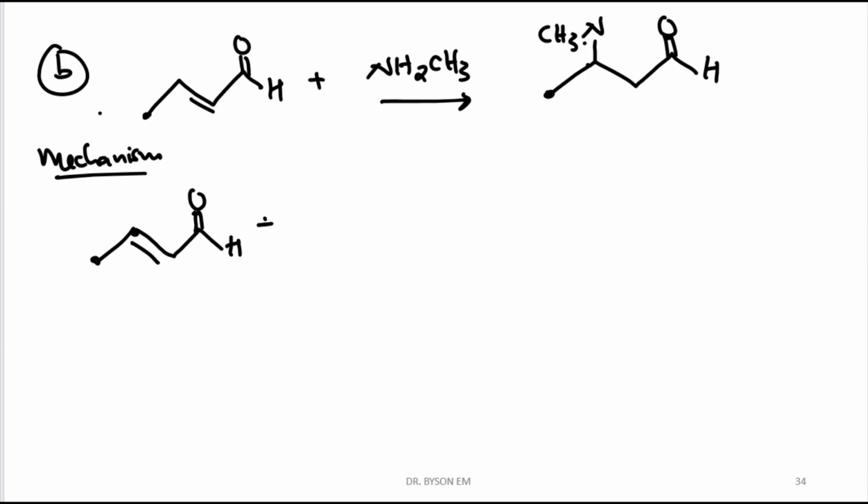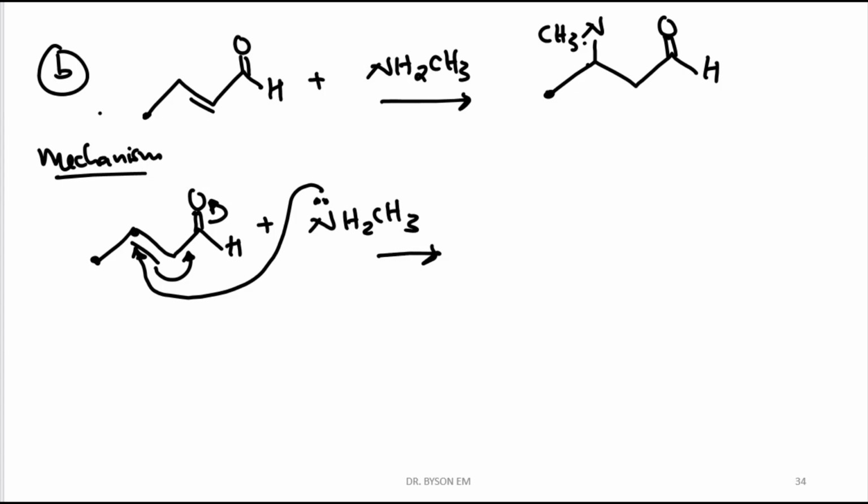First of all, the nitrogen has a lone pair of electrons. These lone pairs will attack here, then these electrons will move and come here, and these will go there like that.